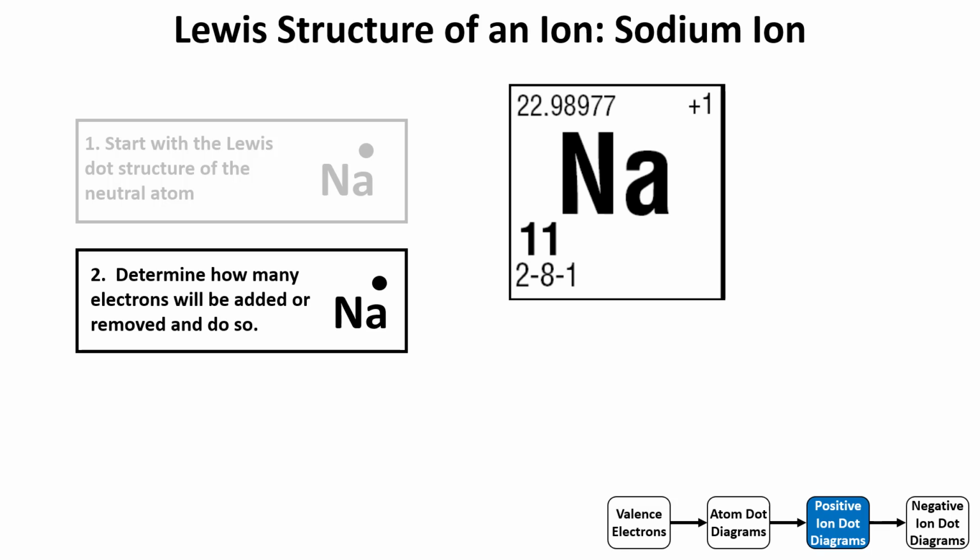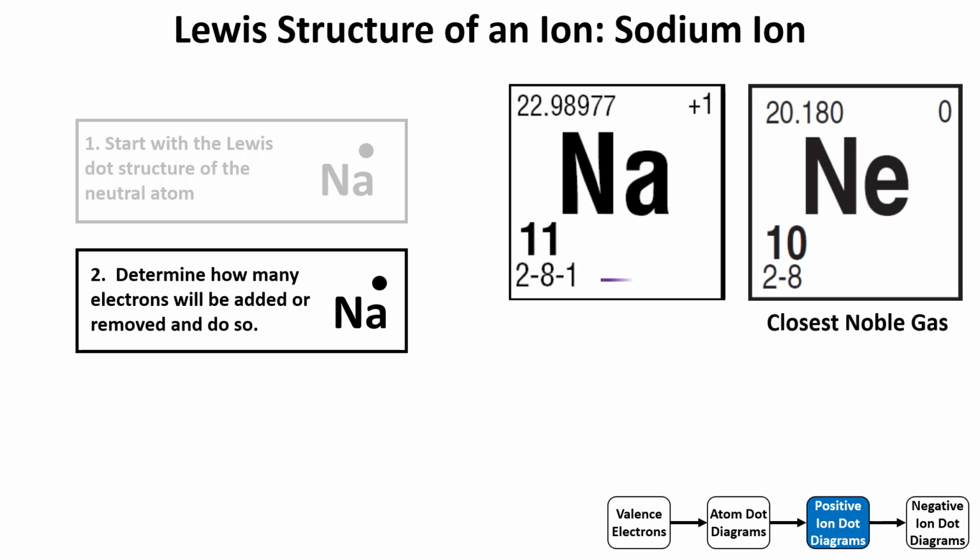So if we look at sodium, we have an electron configuration of 2-8-1. And the nearest noble gas is neon with an electron configuration of 2-8. So how do we get from 2-8-1 to 2-8? Do we add an electron or take one away? You can see that the valence electron there would be removed in order to get to the neon electron configuration.